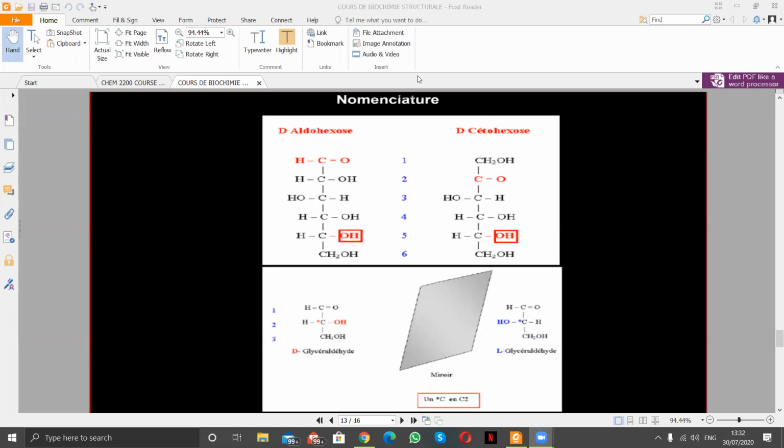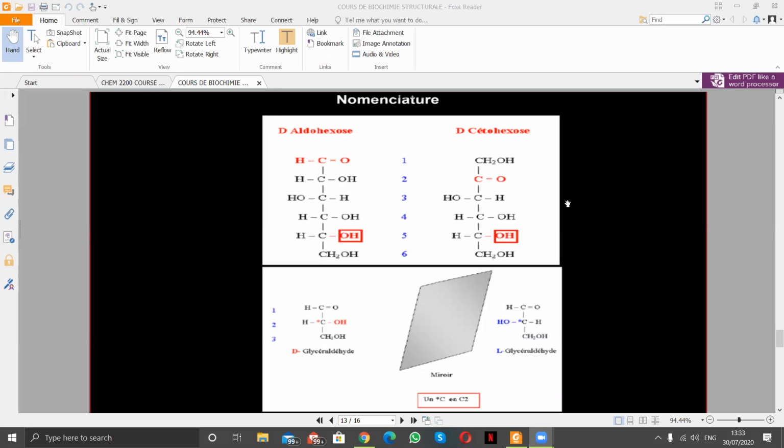Taonga, is Taonga there? Yes, I am. How do you identify this is an aldose or this is an aldehyde? This is a ketone. For an aldehyde, you say that there's a bond on the first carbon in the molecule.